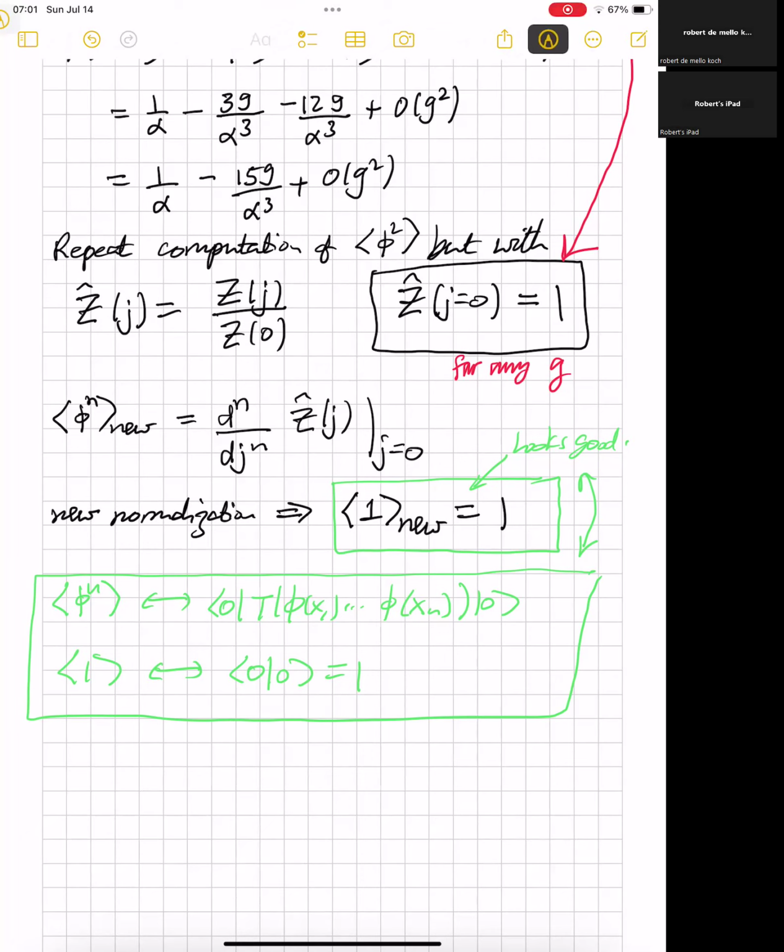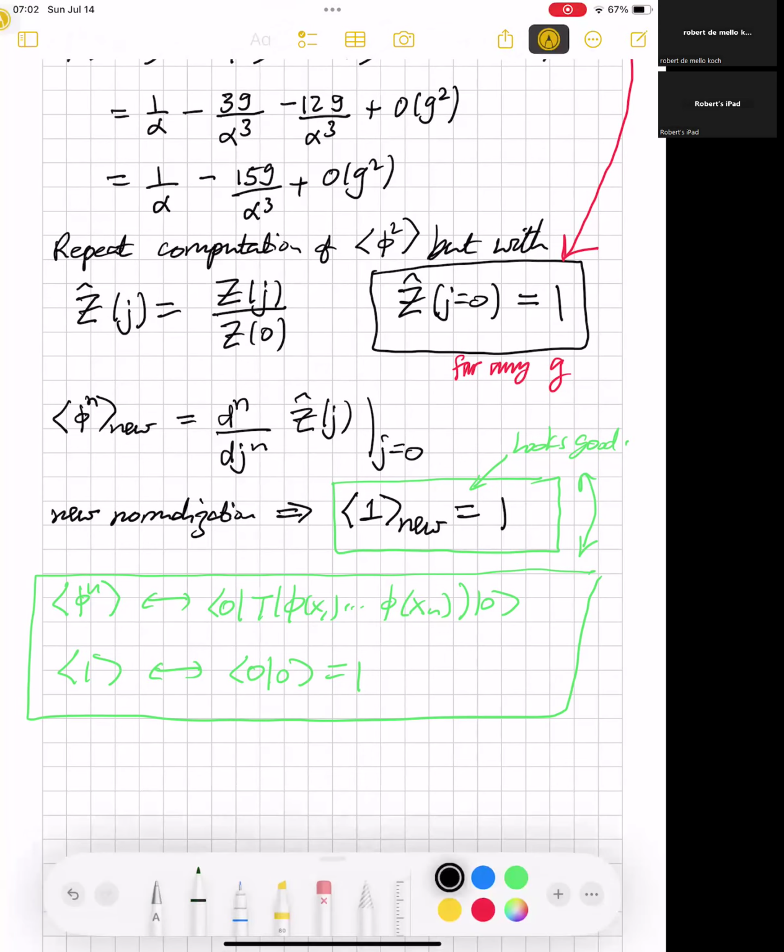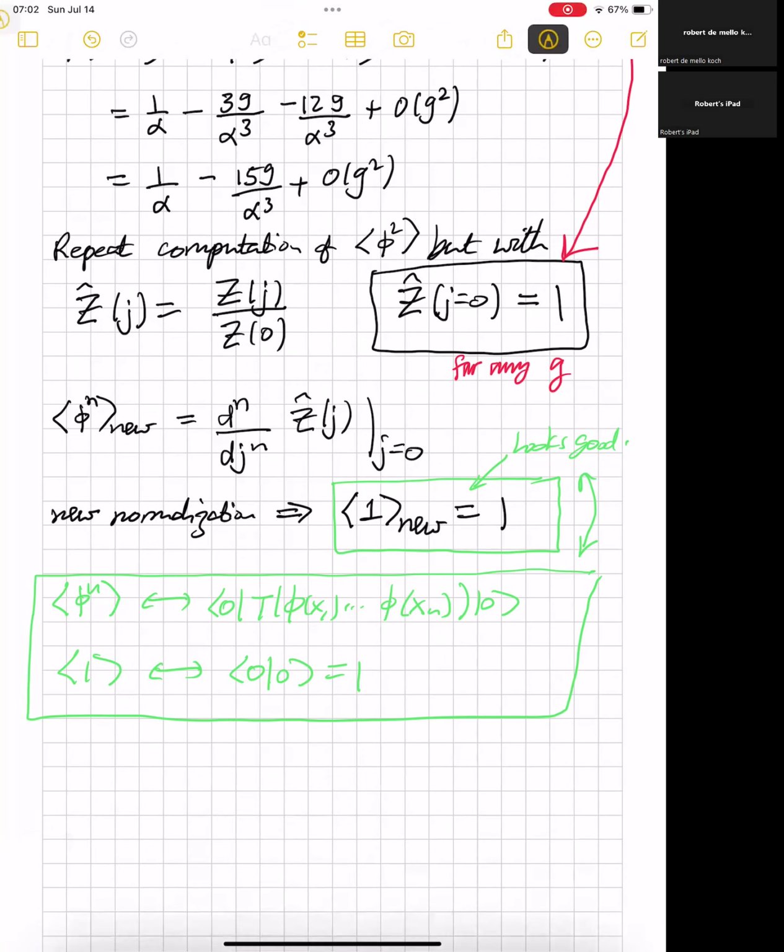Okay, now we also calculated z with j is equal to 0. So z with j is equal to 0, this is what we were calling the expectation value of 1, and we evaluated this. We found it was 1 minus 3g over alpha squared, and again, I will just work to first order. So if you go back and check, all of this we already did.